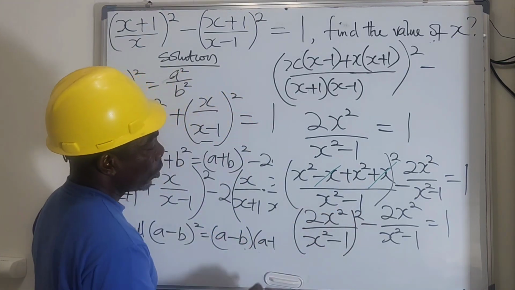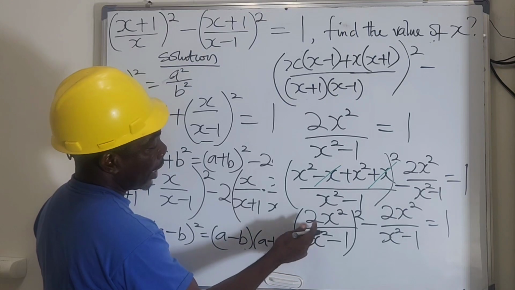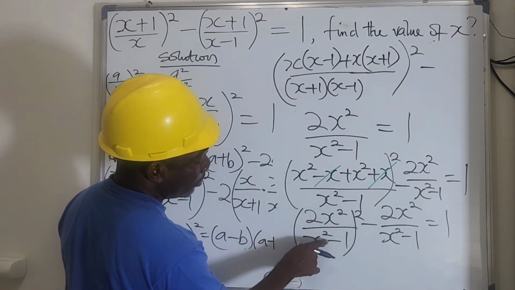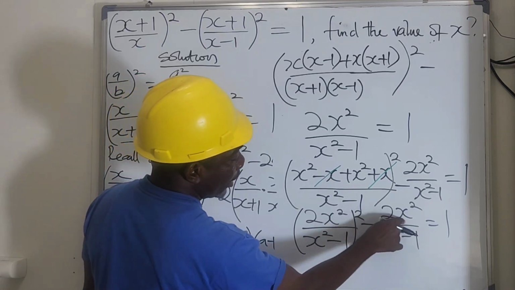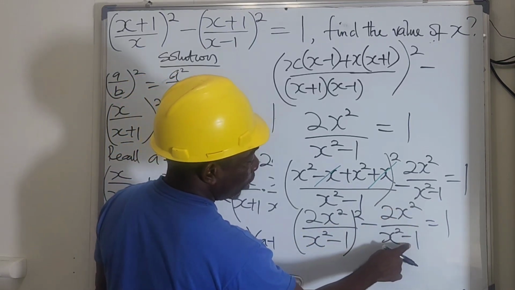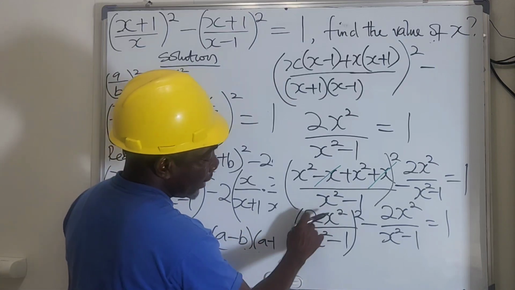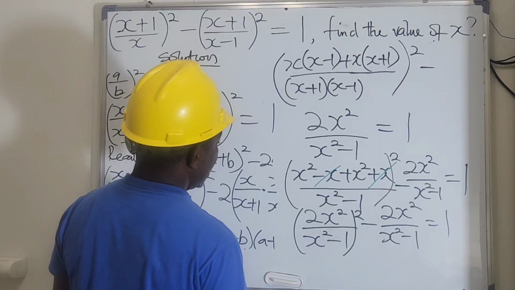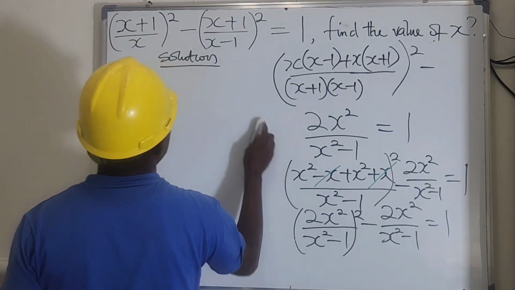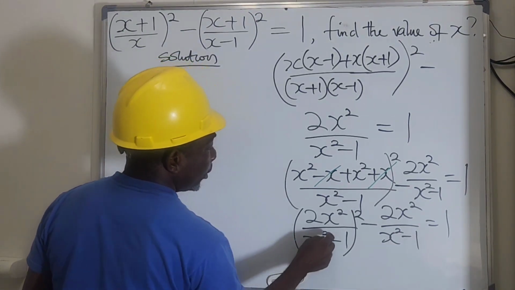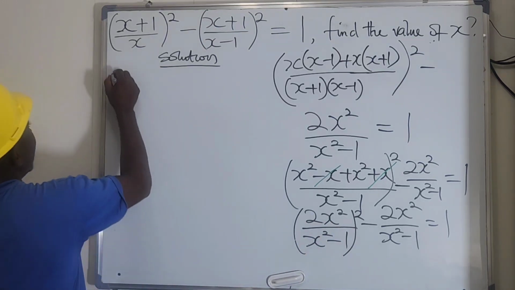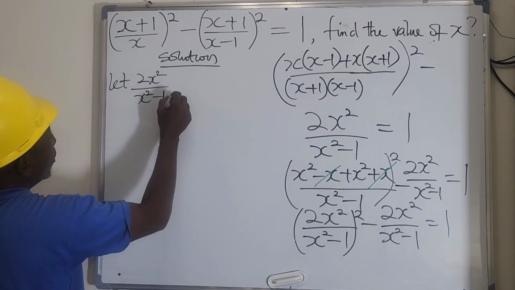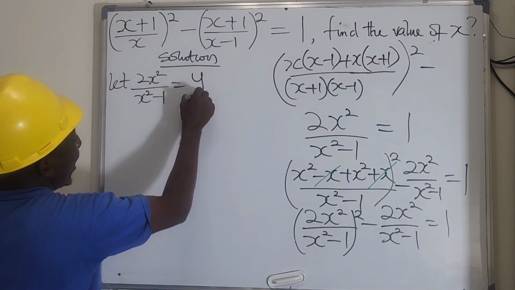So the next step, what we are going to do now is, you can see that we have 2x squared all over x squared minus 1. And we also have 2x squared all over x squared minus 1. So we will let this become a value like y. So as we said, let 2x squared all over x squared minus 1 equal y.